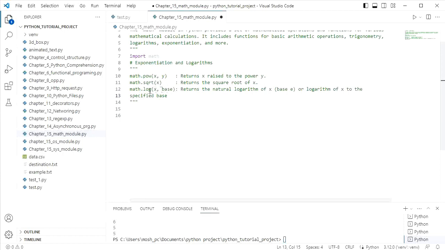And math.log returns the natural logarithm of x, base e, or the logarithm of x to the specified base. Let's see the example.